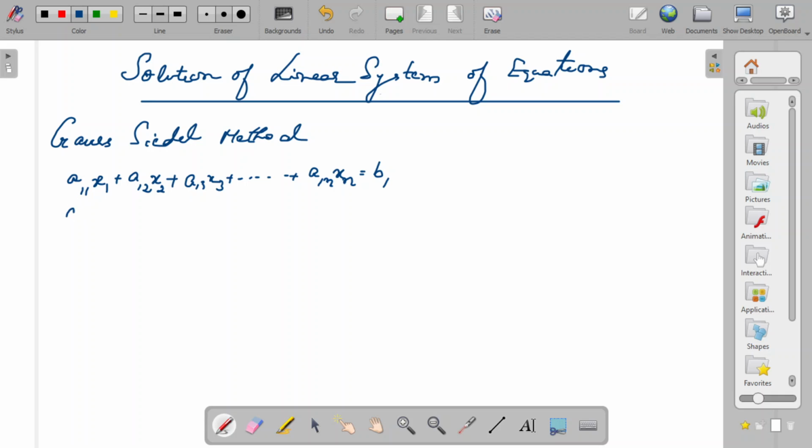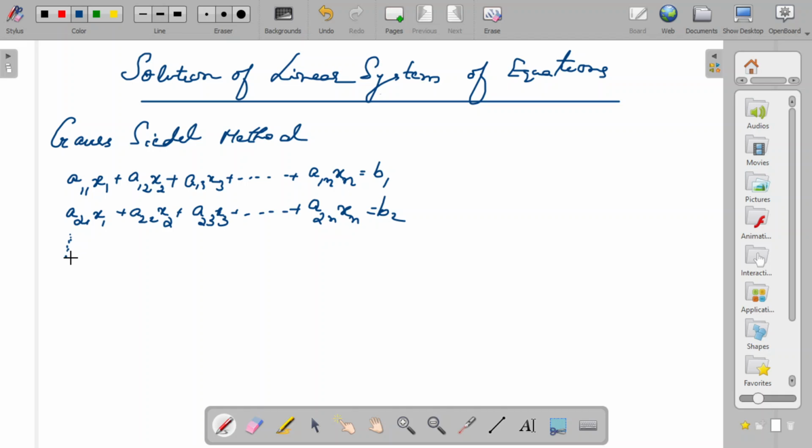Similarly, you have the next equation a21 x1 plus a22 x2 plus a23 x3 plus ... plus a2n xn equal to b2. Okay, there are several equations.